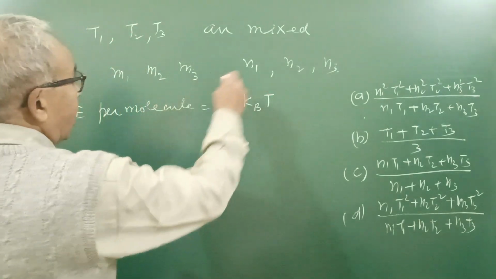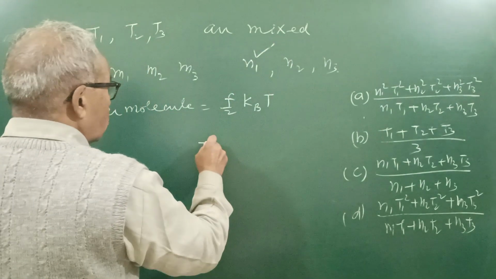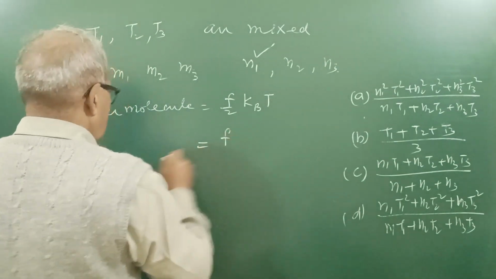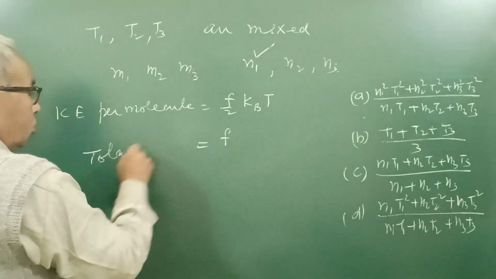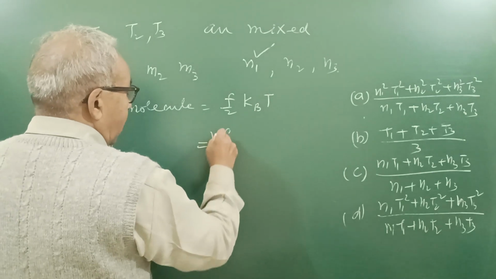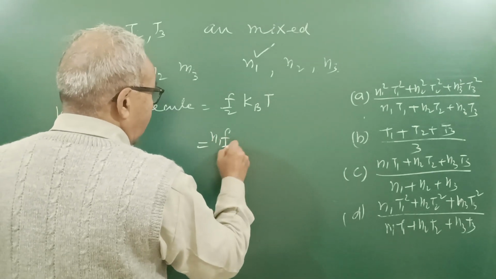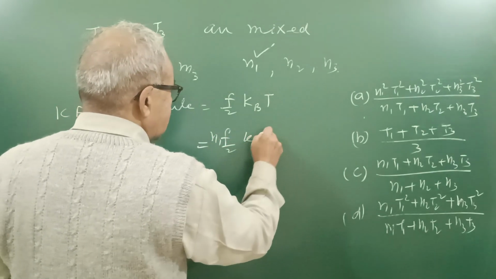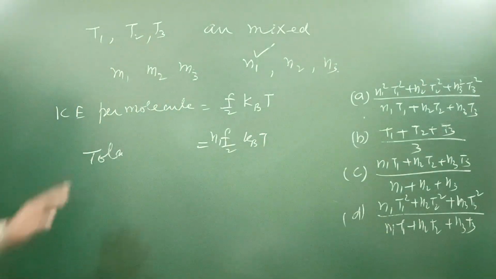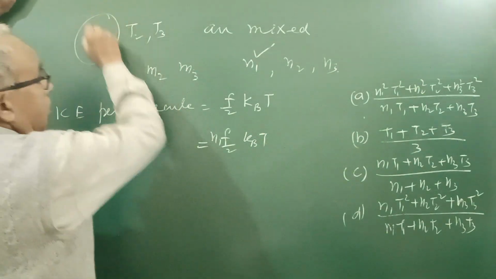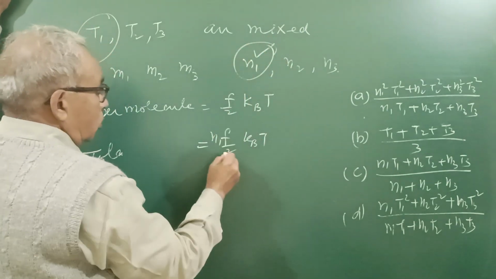If there are N1 molecules, the total energy of the gas at temperature T1 will be N1 into F/2 kBT1.